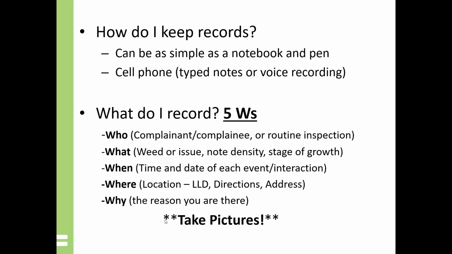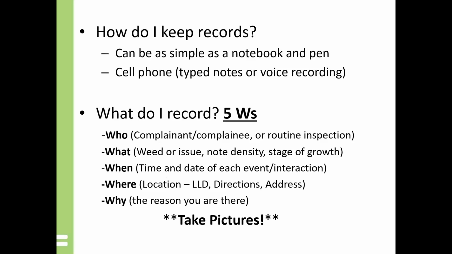So for example, last summer I got called out to do a complaint on a dandelion population. Under the Weed Control Act, we still need to investigate complaints on nuisance weeds. So I went out there and I had my little notebook with me, and this is exactly how I did it.